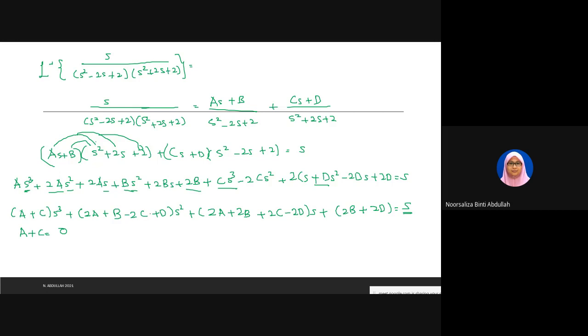Lagi? S kuasa 2. This one pun sama dengan 0 juga kan? 2A plus B minus 2C plus D equals to 0. This one equals to S kan?